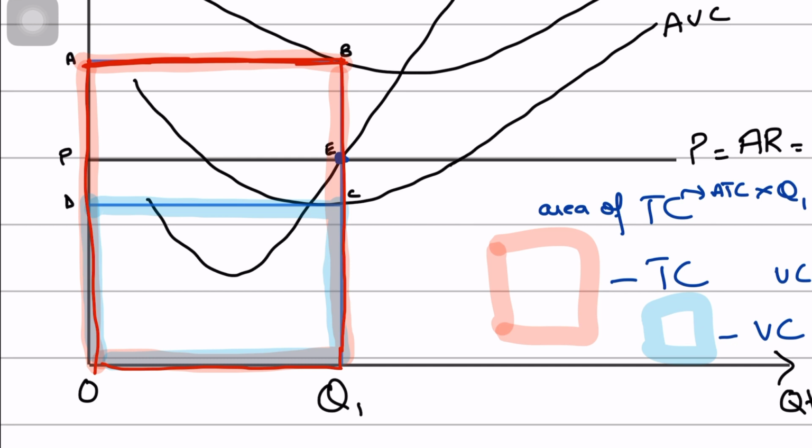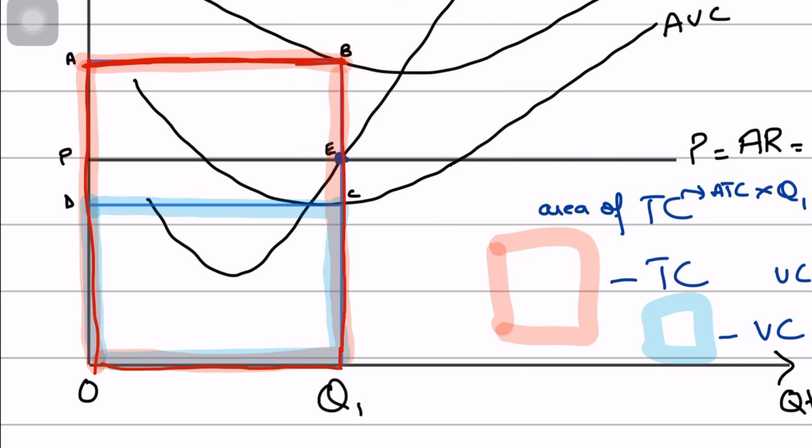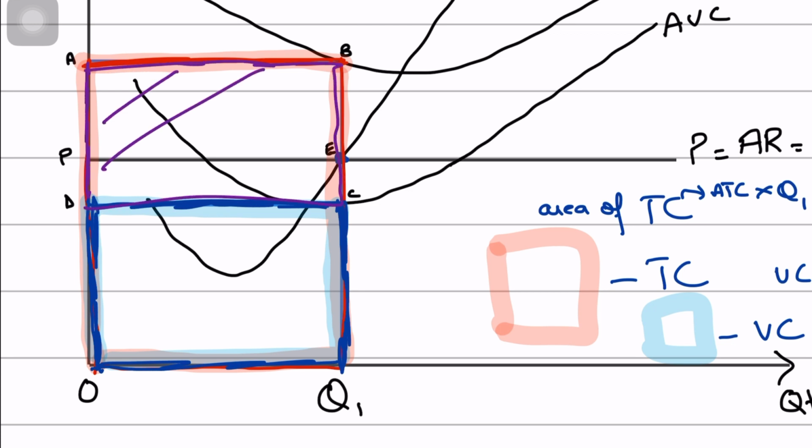This area is representing my total cost. While on the other hand, CDOQ1 is representing my variable cost. So if I deduct the red box from the blue box, I am left with this purple box, that is this area, which is actually my fixed cost.